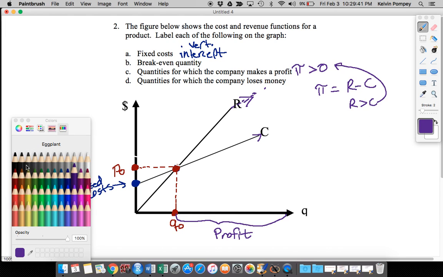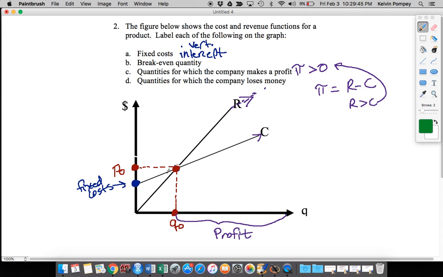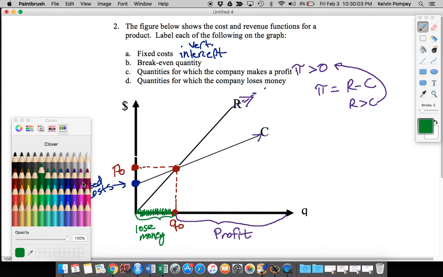And when revenue is smaller than cost, our cost is bigger, which is here in this area here, these are the quantities when we lose money. All right, and so I can shade my graph. It's these quantities where we lose money, and it's these quantities here where we make a profit. All right, that's problem 2.